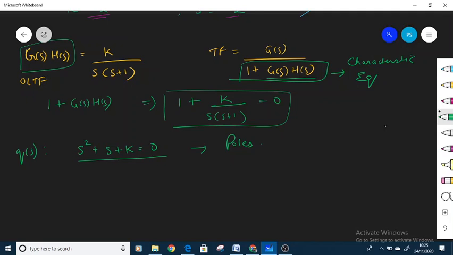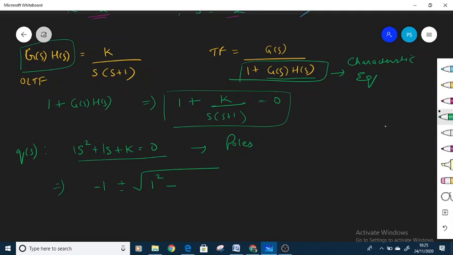So what are the roots of this equation? As you can see, this is a quadratic equation, so you can derive the roots using minus b plus minus the square root of b square minus 4ac, by 2a. So minus b, where the coefficient is 1, plus minus under root of b square, that is 1 square, minus 4 into a into c.